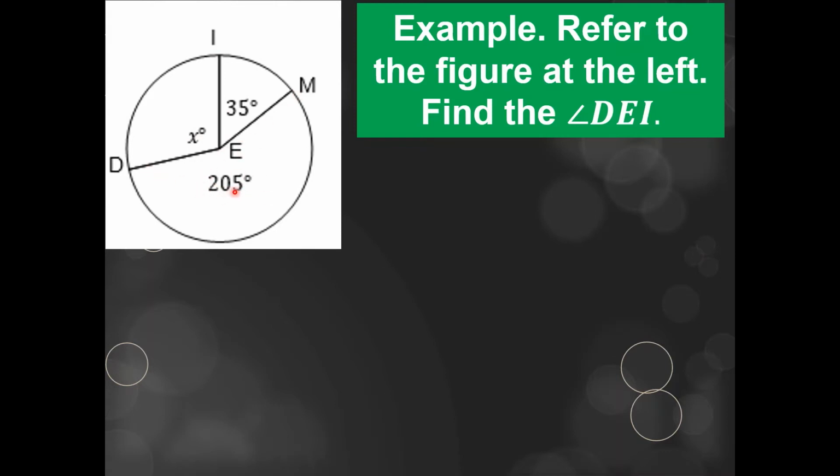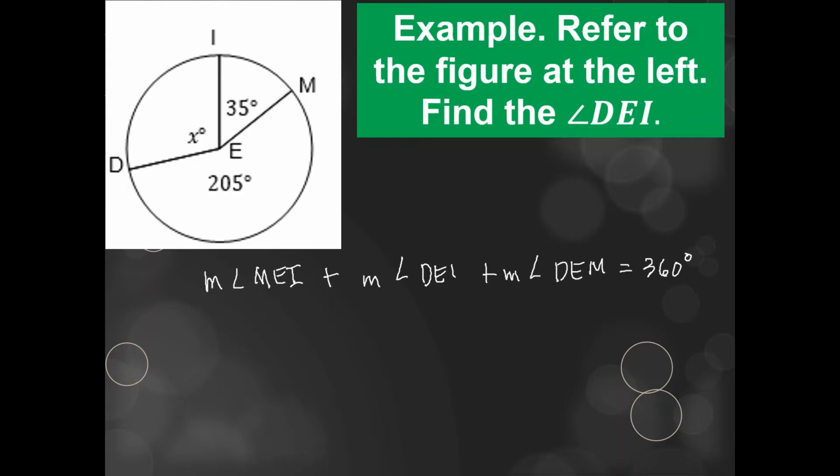These angles are central angles. So we can apply the statement a while ago that the measurement of these three adjacent angles is equal to 360 degrees. So we have measurement of angle MEI plus measurement of angle DEI plus measurement of angle DEM is equal to 360 degrees.